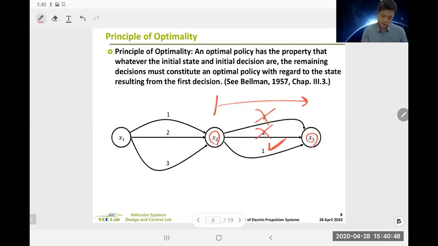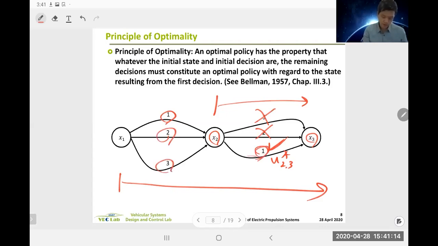So this is U star from 2 to 3. And now we want to solve the entire problem, which is x1 to x3. Now we only have to do 3 evaluations: 1 plus 1, 2 plus 1, 3 plus 1. And now, obviously, this is the best path.